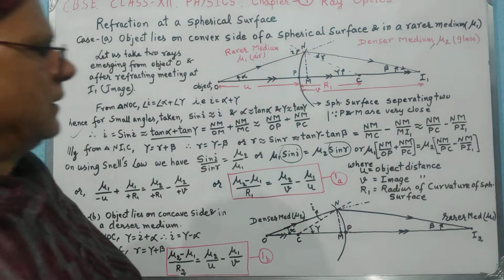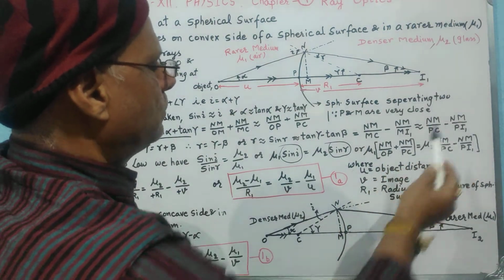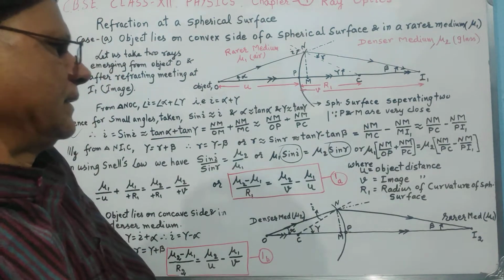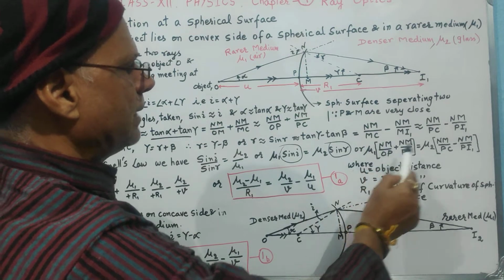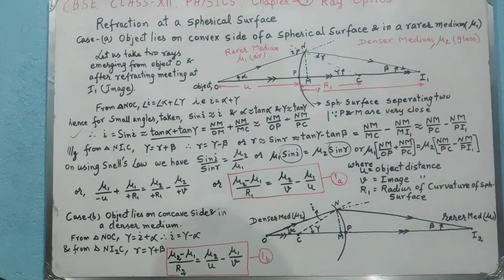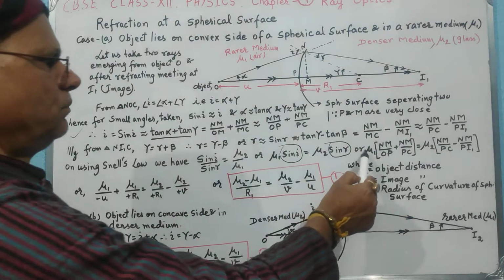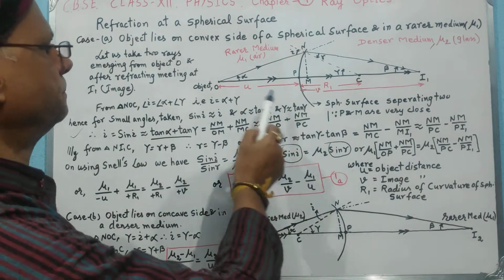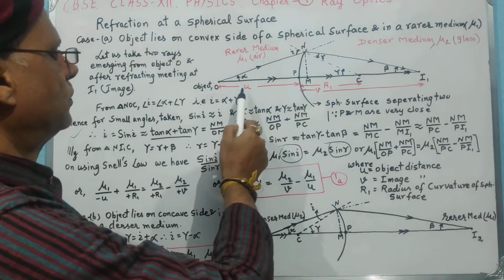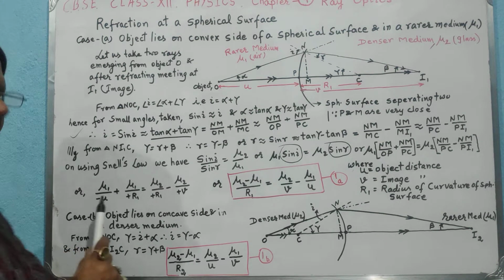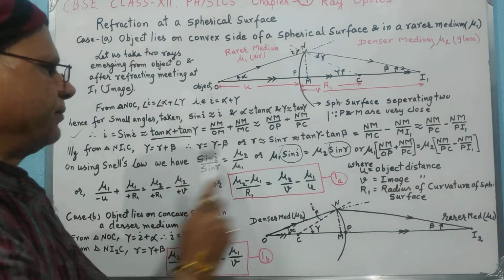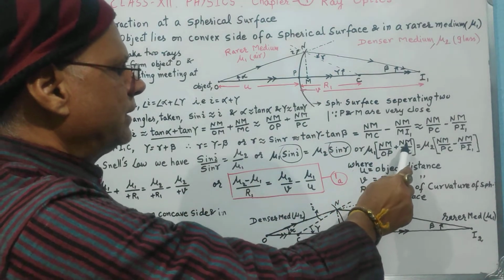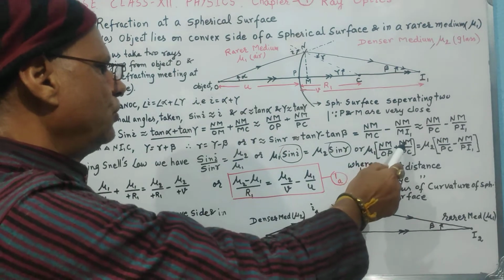Now in this expression, what you see, NM is common on both sides, so they get cancelled. Then taking mu1 inside the bracket, mu2 inside the bracket, what we get is mu1 by OP. And what is OP? OP is object distance. And why are we writing a minus sign? We are applying the sign convention. And when you put the value of PC, you get mu1 by PC.